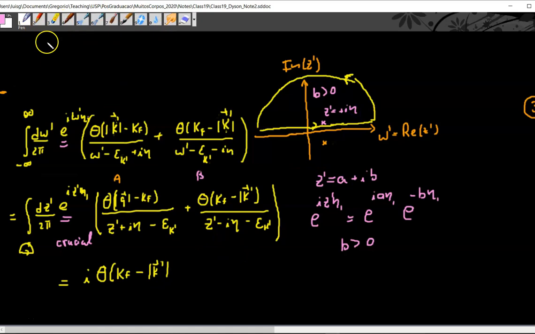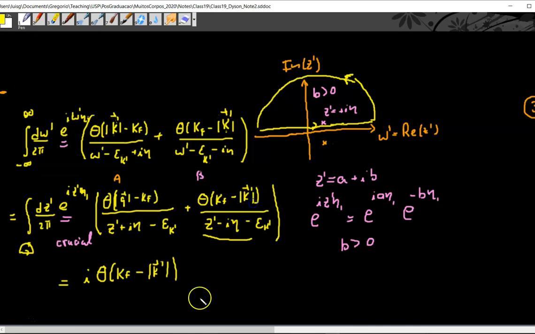And yeah, so in the limit of everything going to 0, this will decay anyway, right? So when I take the contour, this is all that I'm left with, this point, and the function here evaluated at the pole is just theta kf minus k.